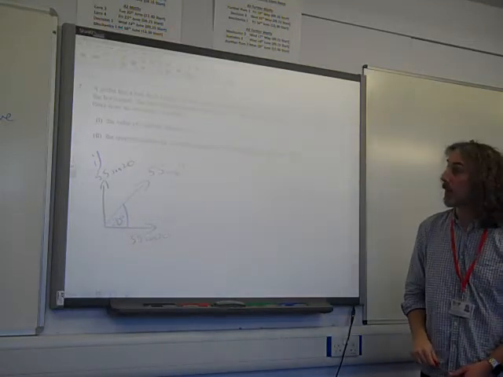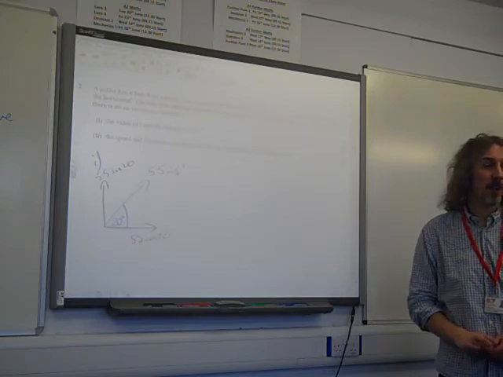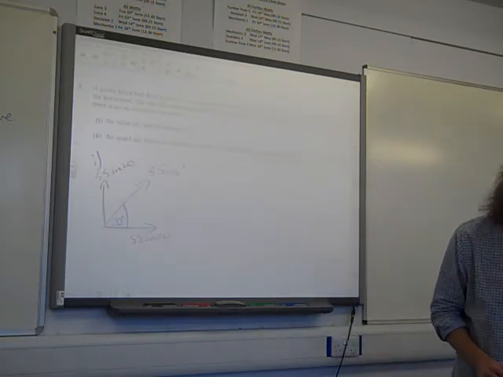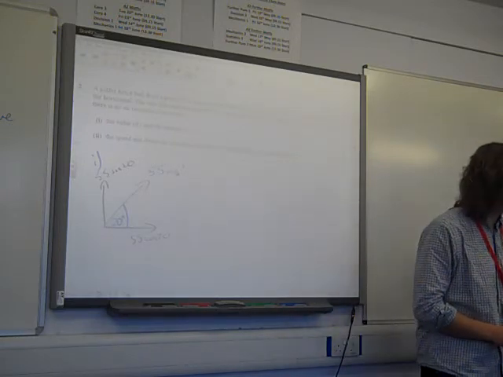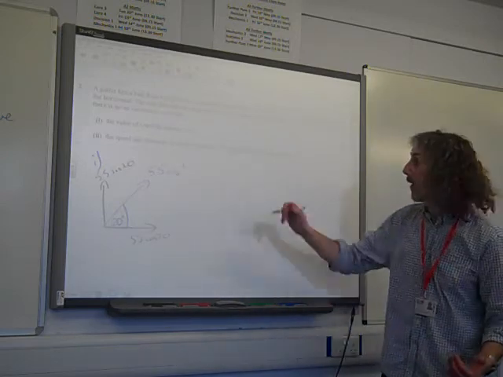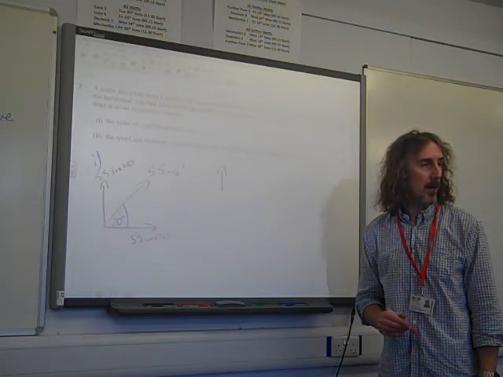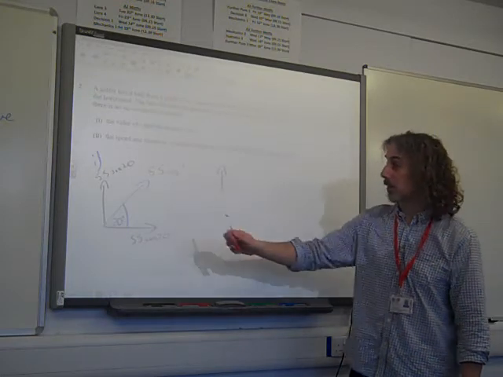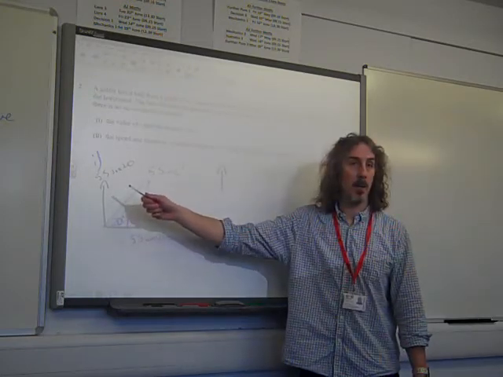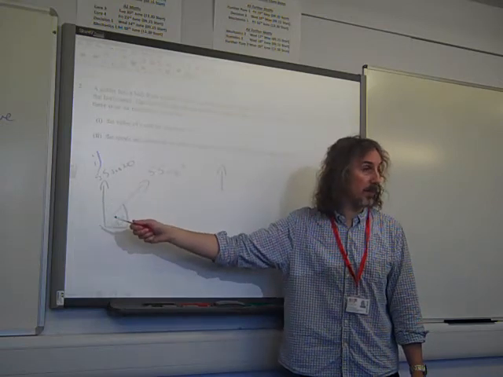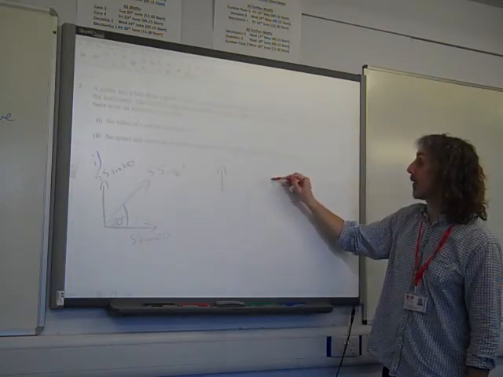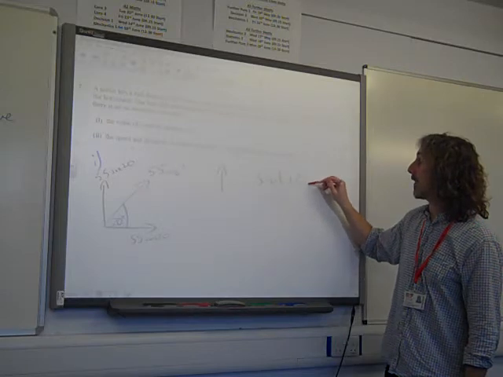We've got to think about the time of flight. That is how long it takes to get back to the start point. If we're thinking about just the vertical direction, we've got an initial velocity, and a total displacement of 0, so we're going to use s equals ut plus half at squared.